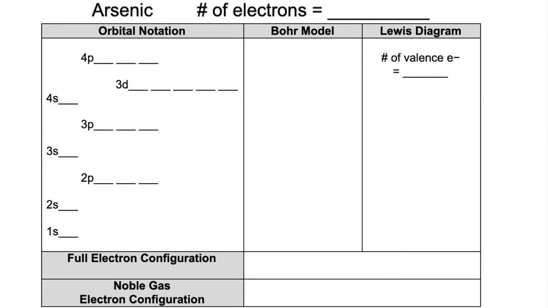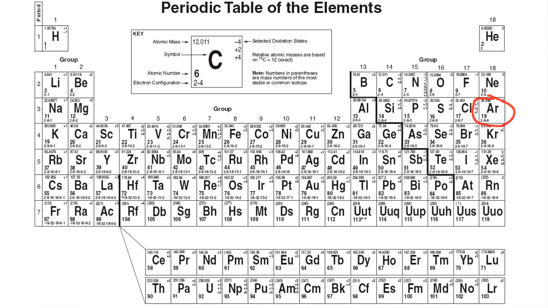Okay, arsenic. Arsenic from the periodic table is element As, right here. Element 33, so it has 33 protons.